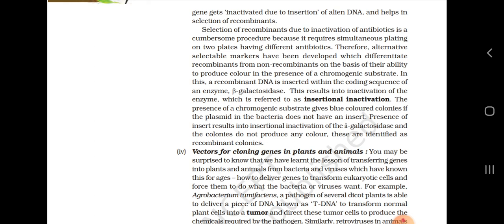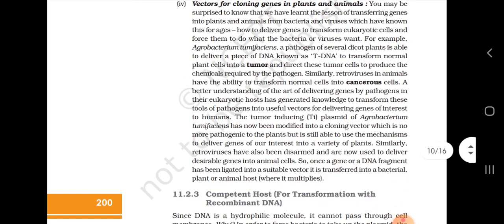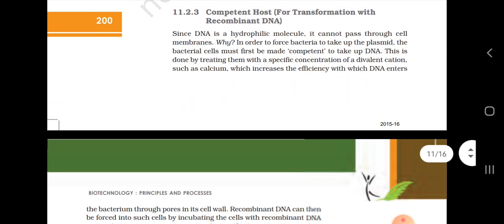Now, the competent host for transformation with the recombinant DNA, we will go through this. We know that DNA is a hydrophilic molecule and cannot pass through cell membranes easily. DNA is partially hydrophilic, partially hydrophobic.